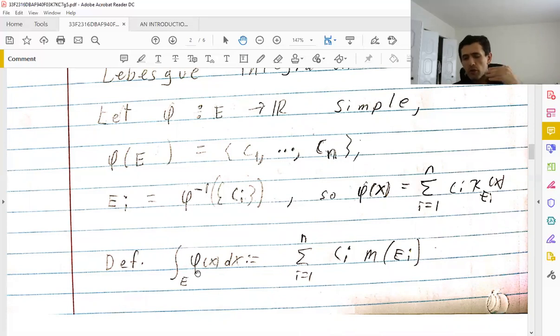a non-negative measurable function? Well, because remember, we reformulated Riemann integration and Riemann integrability in terms of upper and lower Riemann integrals that we were able to define in terms of step functions.